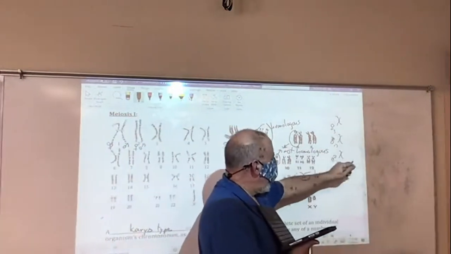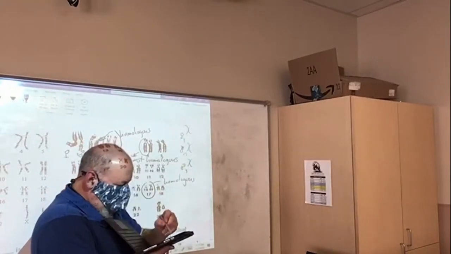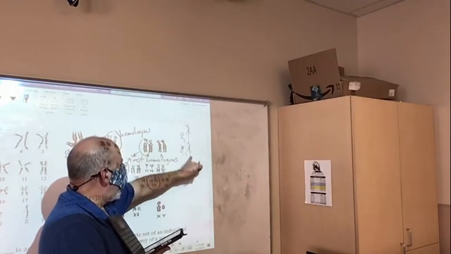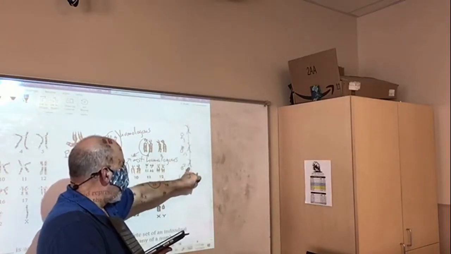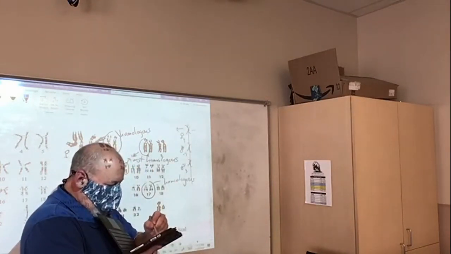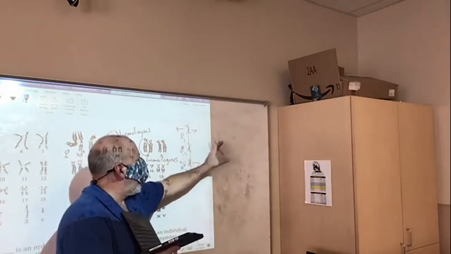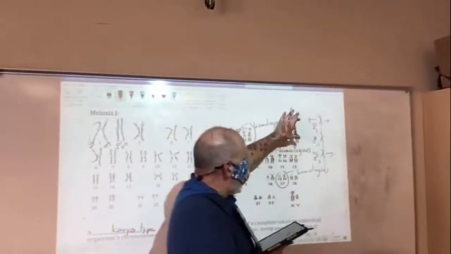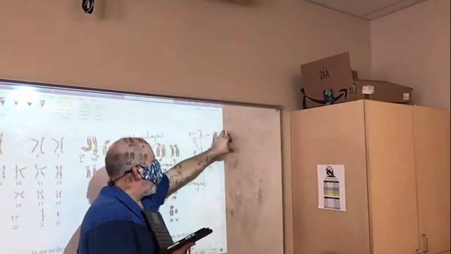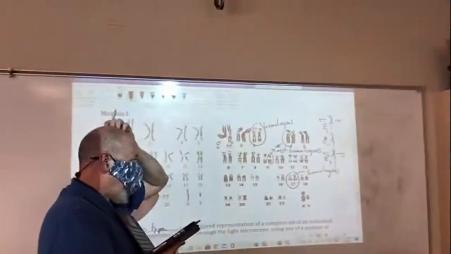In mitosis, I want these to be lined up like this, each duplicated pair on the metaphase plate. I want all of them to be lined up singly like this. I want mom's duplicated 3 and I want dad's duplicated 3 because I want one chromosome to go each way. I want genetically identical chromosomes to go into each daughter cell so that this daughter cell gets one of mom's chromosome 3s, and this cell gets one of mom's chromosome 3s and dad's chromosome 3.